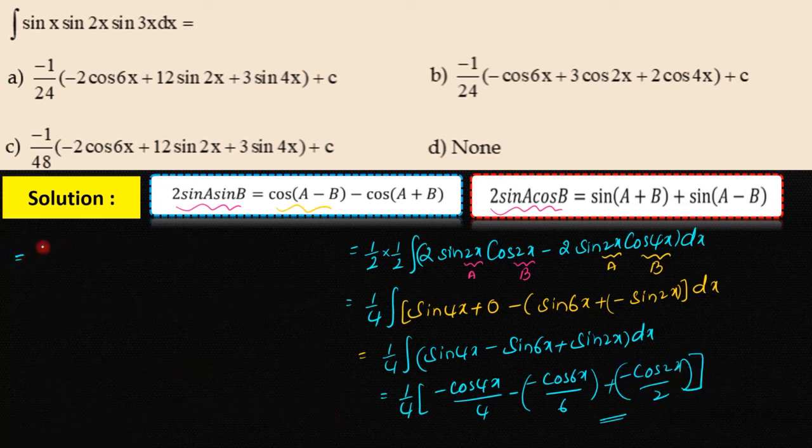That equals to 1 by 4 into minus cos 4x divided by 4 plus cos 6x divided by 6 minus cos 2x divided by 2.